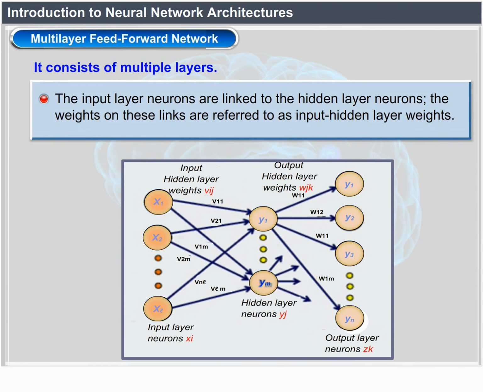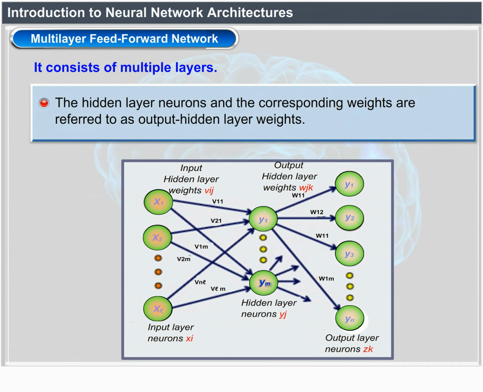The input layer neurons are linked to the hidden layer neurons. The weights on these links are referred to as input-hidden layer weights. The hidden layer neurons and the corresponding weights are referred to as hidden-output layer weights.